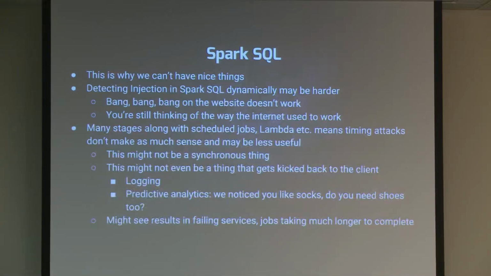If you're just banging on a site with a dynamic scanner, hitting the hammer into that nail again and again, you may not come up with anything. So it makes things like timing attacks really hard. There are other subtle ways you'll see those things, for example if jobs start to fail or the cluster drops. Something's going on, but it's not as easy to figure these things out dynamically, because you may not ever get a callback.